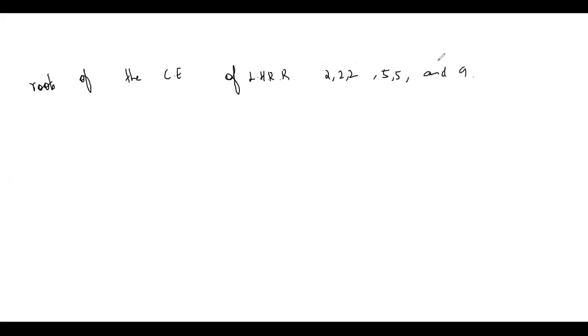That is, there are 3 roots with the root 2. The root 2 has multiplicity 3, so let me write that. Root 2 has multiplicity 3, root 5 has multiplicity 2, and root 9 has multiplicity 1.